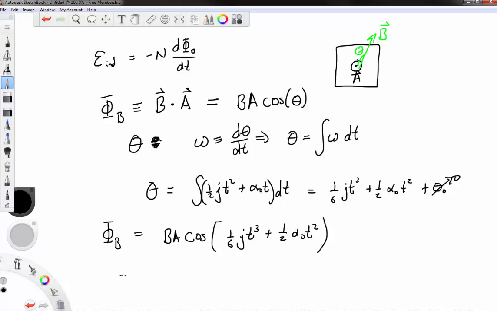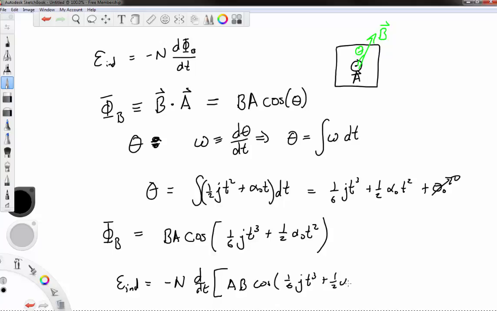Therefore, the induced EMF is negative of N times d by dt of A times B times cosine of 1/6 j t cubed plus 1/2 alpha naught t squared. So that is the equation that we need.